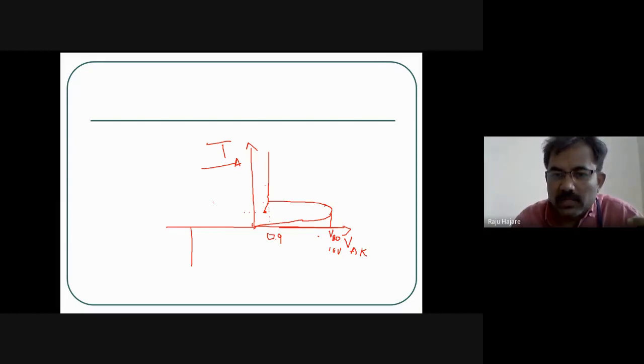So this is how we got the latching current as soon as you turn on the device. So I'll call this the latching current point. Okay, right. So now you can vary the VAK on the x-axis from 0.9 to 0.95, just 0.05 volts, a small voltage. You will get a sudden rise in the current.